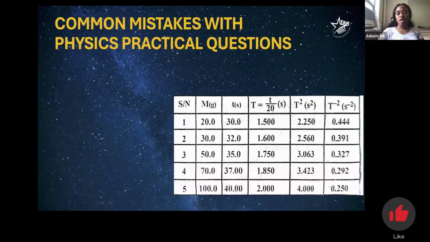Now, I want you to take note that the time that was recorded here is just 1. However, one of the good practices for experiments like this is to do it more than once and find the average.